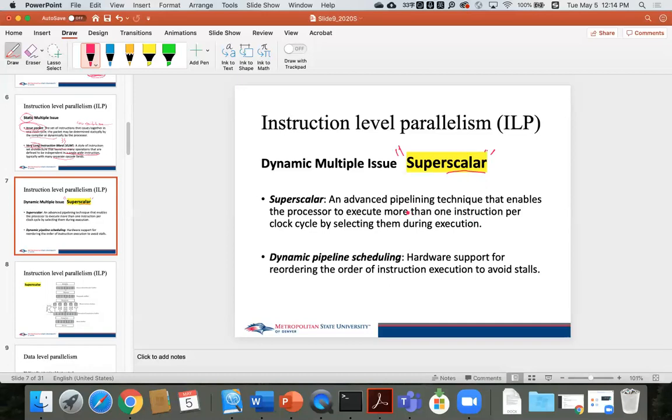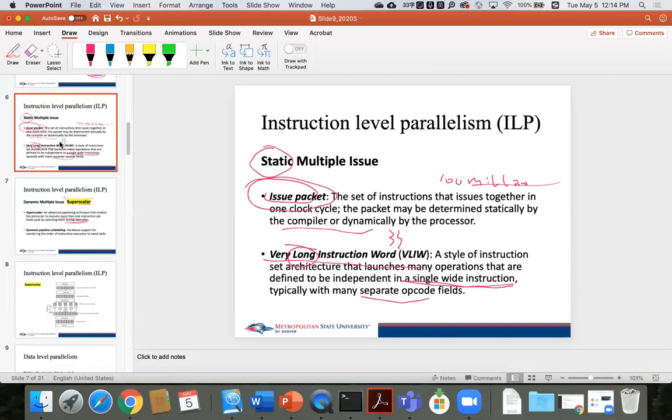So what's the difference? It's again trying to implement more than one instruction at one time. So what's the difference between the dynamic, the superscalar, and the static multiple issue? The most important difference is during execution. What does that mean? In the static multiple issue computer, you select a few different instructions and execute them together.